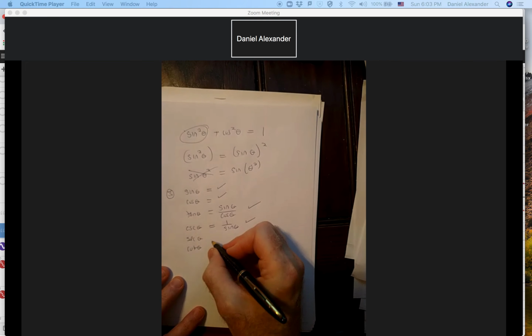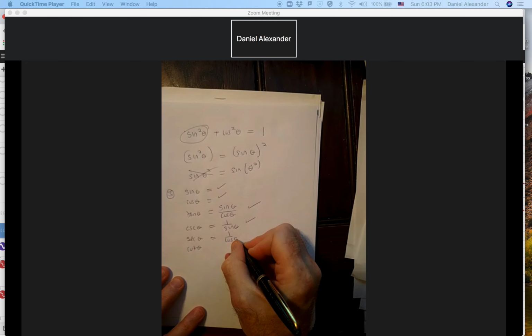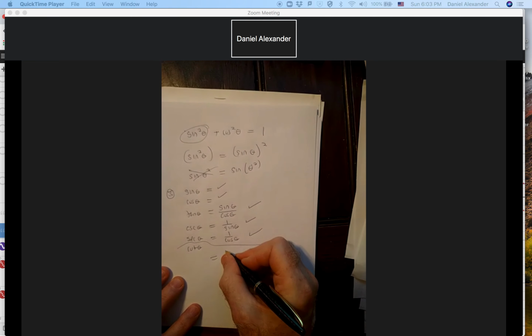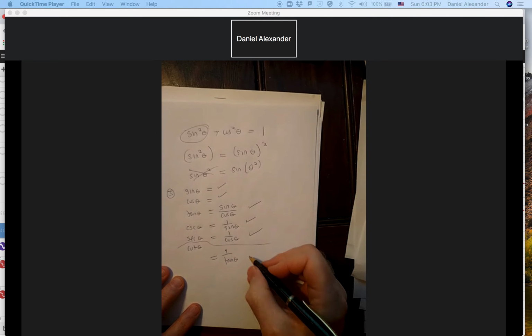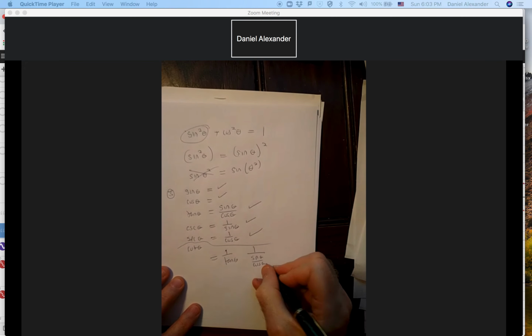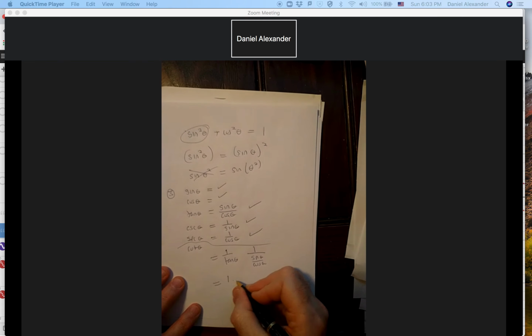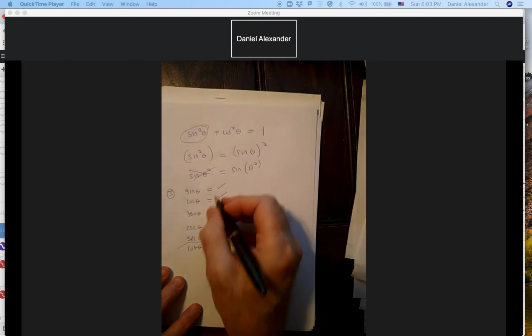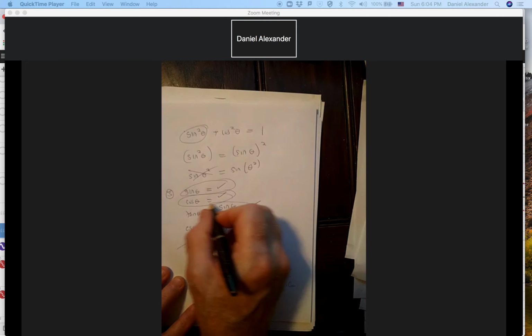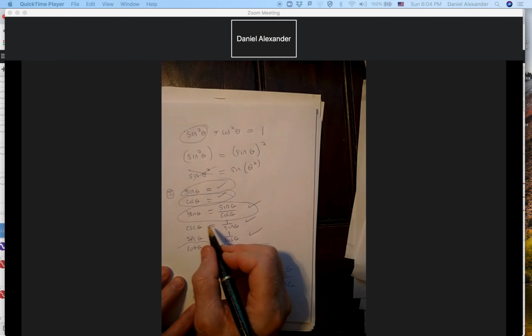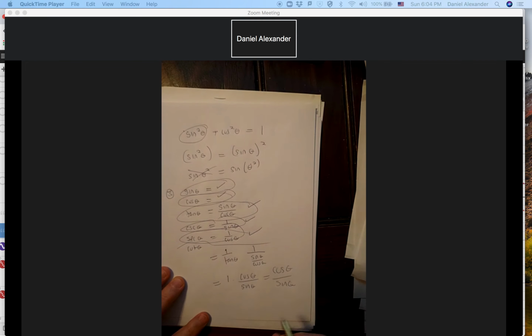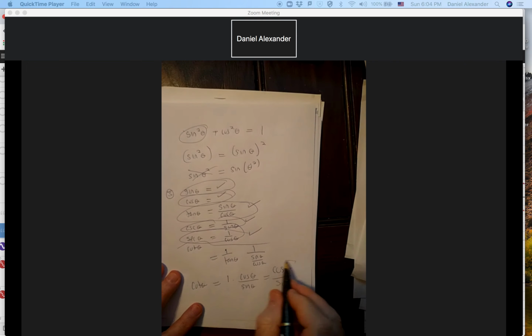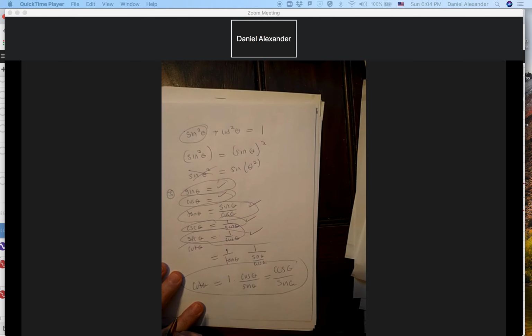The secant is equal to 1 over cosine, so that's done. And the cotangent is the reciprocal of the tangent, so that's 1 over sine theta over cos theta. We invert and multiply: 1 times cos theta over sine theta, cos theta over sine theta. So again, everything can be written in terms of sine and cosine.